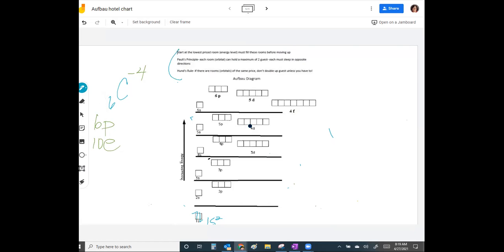You have to start at the lowest price room closest to the nucleus, and you fill in the order that's listed here. And the reason 3d comes after 4s is it's a little more expensive than 4s. After it's filled up, these settle back into the third energy level. So they belong to the third energy level. They just don't fill in quite the right order. And you have access to this in your stuff, so you can pull this out to use when you take the test to do electron configurations.